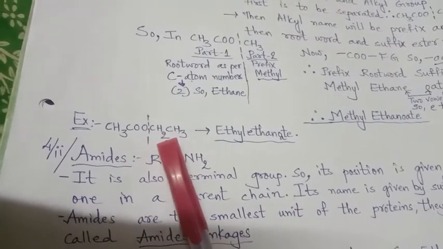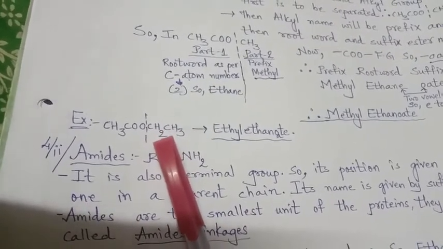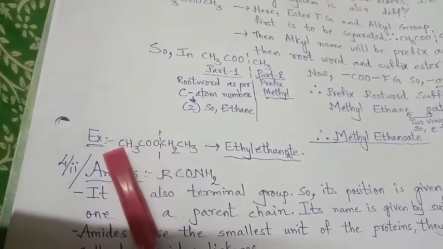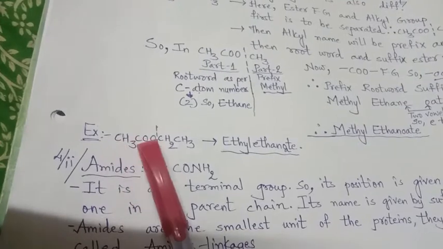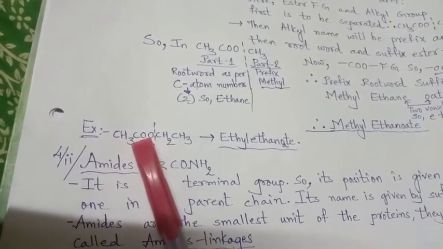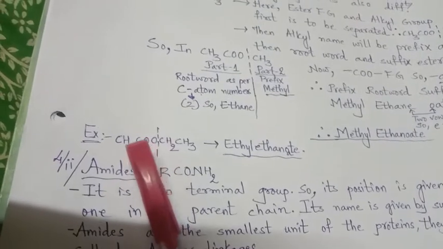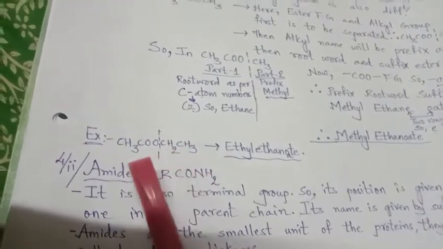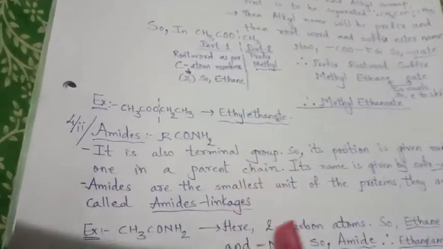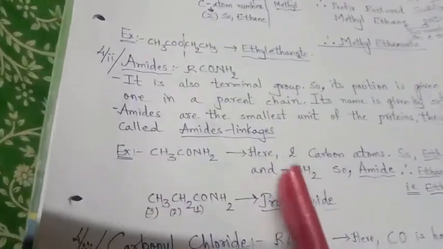And now here hydrogen is 1 less, so it is an alkyl group, so ethyl. Here also 1 carbon, 2 carbon, so ethane, and it is COO, so the functional group is ester, so oate. So it will be ethanoate, ethyl ethanoate. Clear? So this is how we are supposed to give names to the different functional groups.